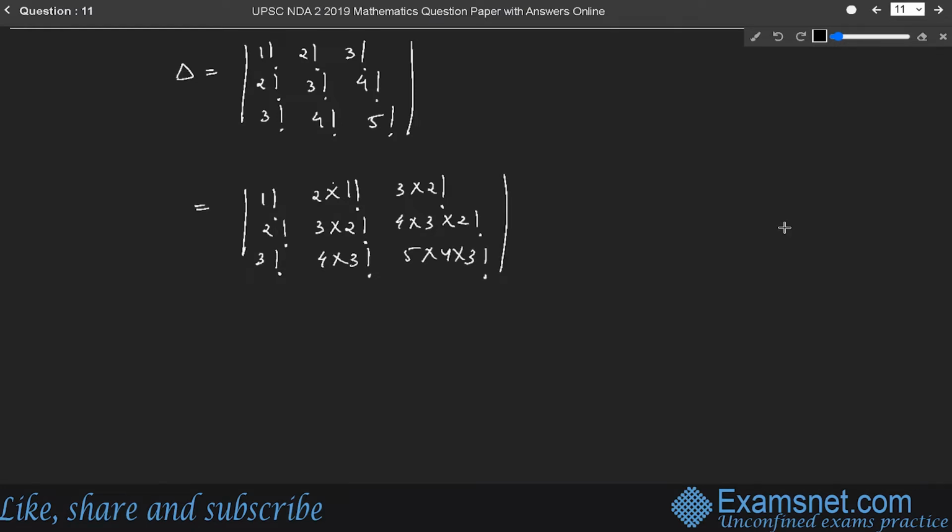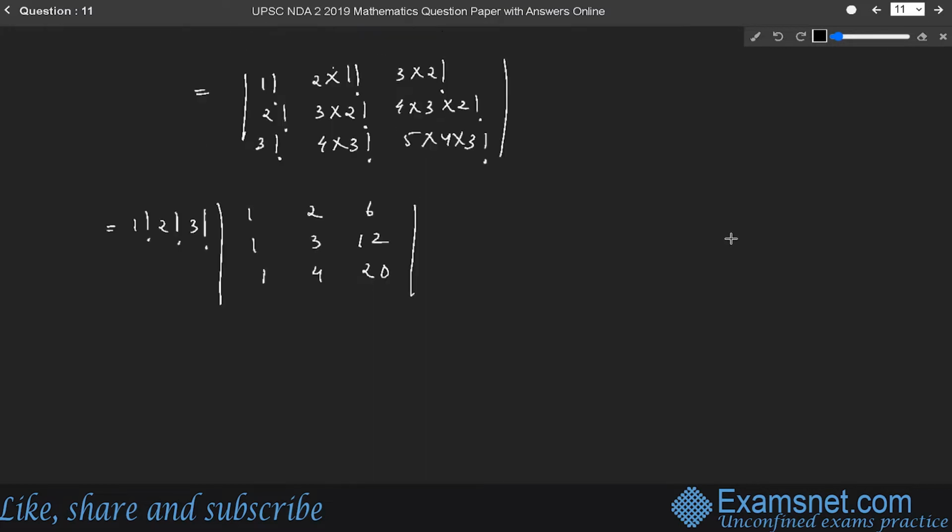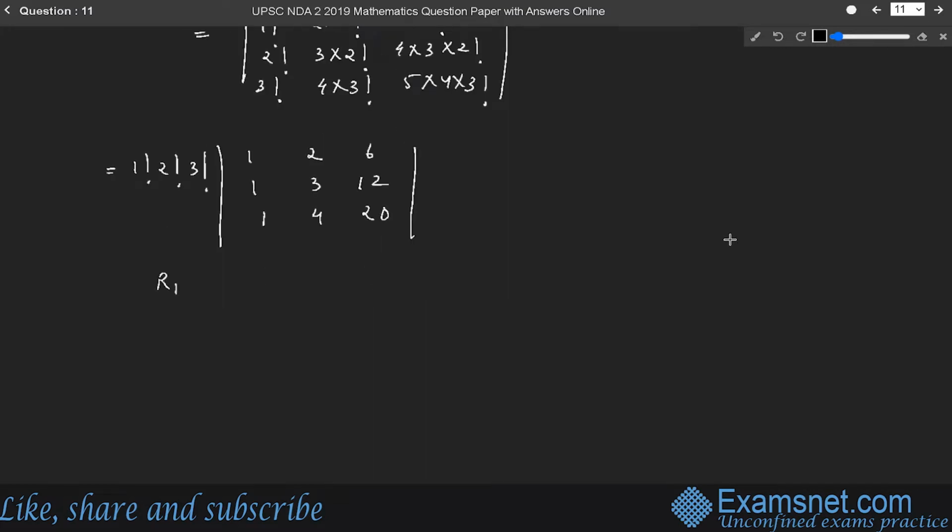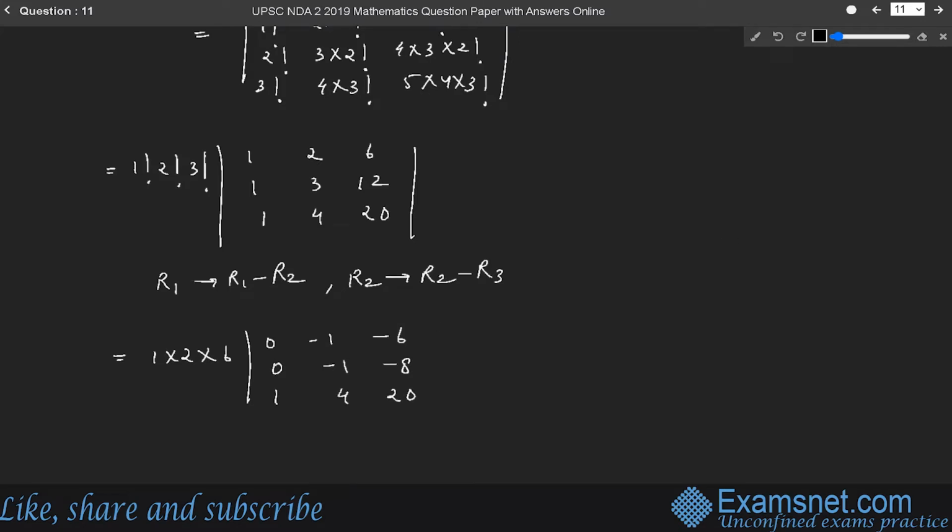Now taking 1 factorial, 2 factorial, 3 factorial common, the remaining terms will be 1, 2, 6, 1, 3, 12, 1, 4, and 20. Now, applying R1 tends to R1 minus R2 and R2 tends to R2 minus R3, this will be equal to 1 into 2 into 6, 0, minus 1, minus 6, 0, minus 1, minus 8, and 1, 4, and 20.